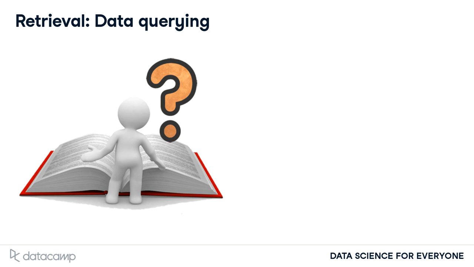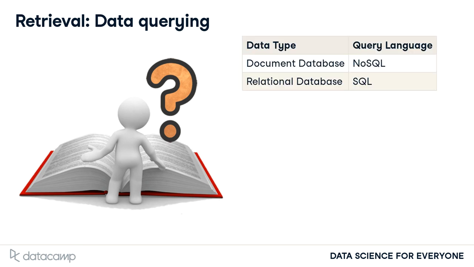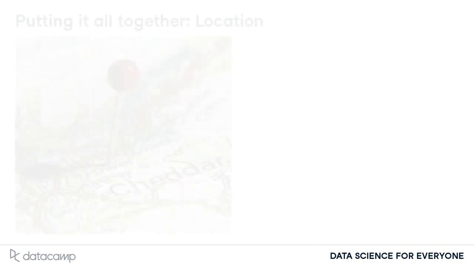In addition, we might even want to do some analysis, such as summing, counting, or averaging data. Each type of database has its own query language. Document databases mainly use NoSQL, while relational databases mainly use SQL. SQL stands for Structured Query Language, and NoSQL stands for Not Only SQL.